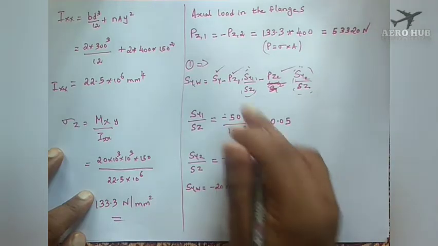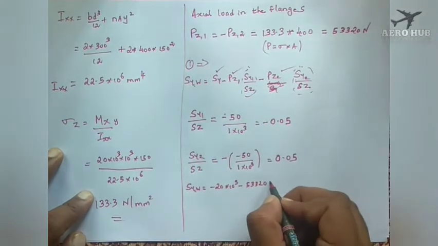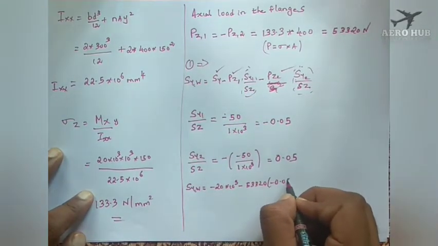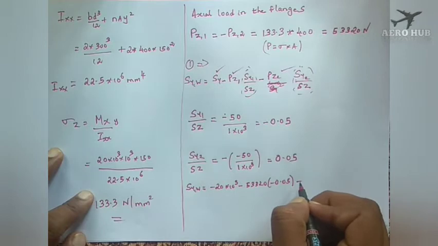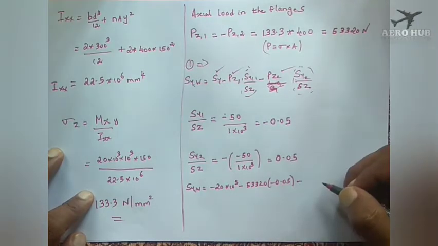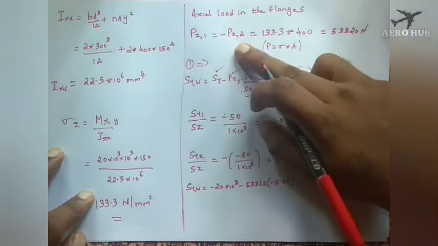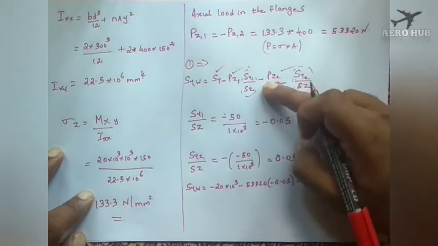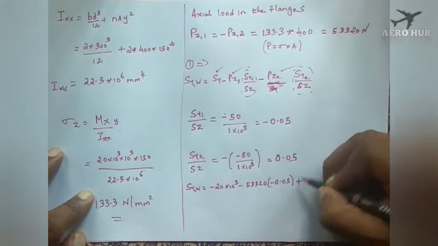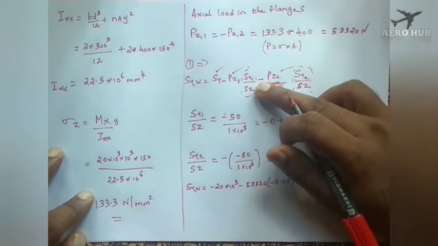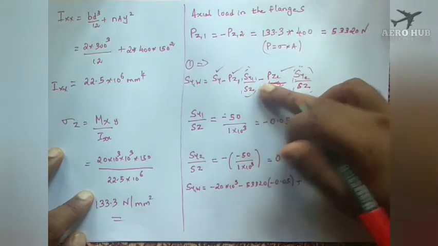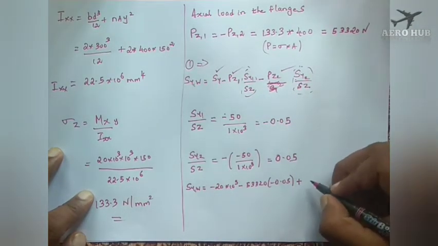53320, and delta Y1 by delta Z is minus 0.05, minus Pz2. Here again minus Pz2, so that will be plus.